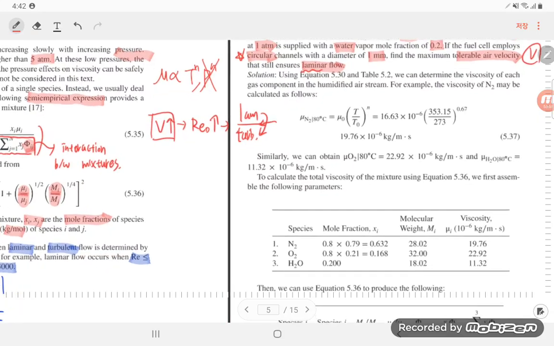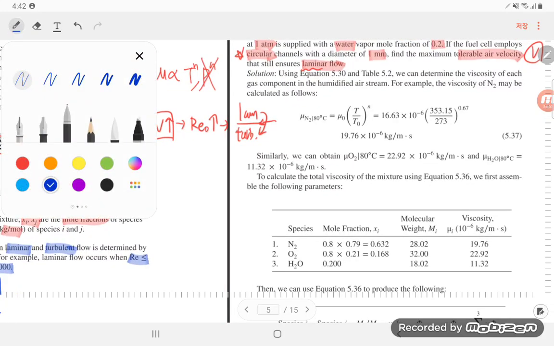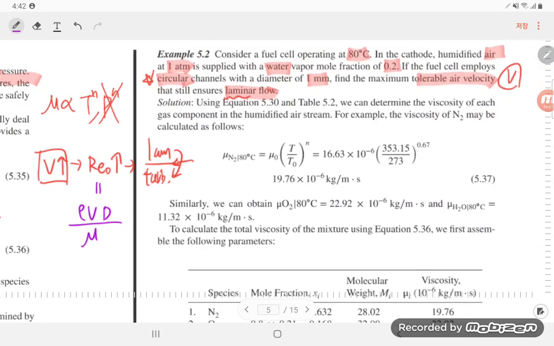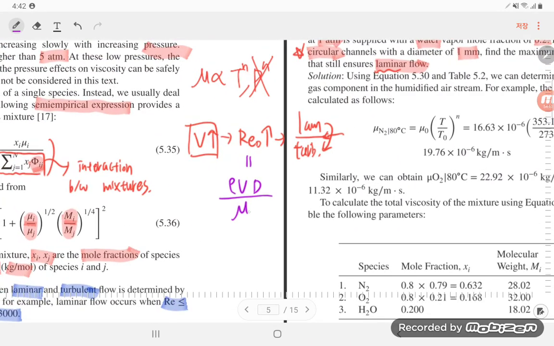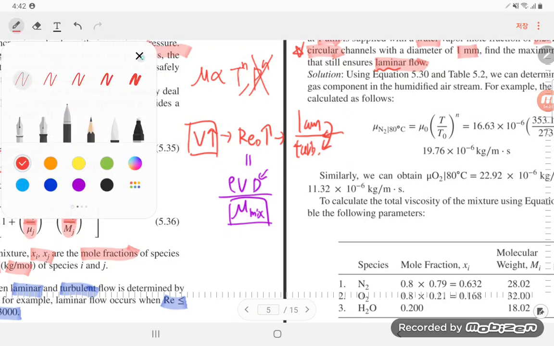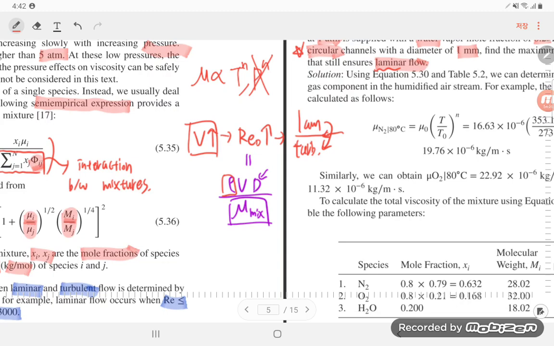Okay, then let's see this equation first. The Reynolds number is rho V d over mu, and here this is the gas mixture because this is air. So we need to find mu mix, and the diameter is fixed, and rho we don't know, right?